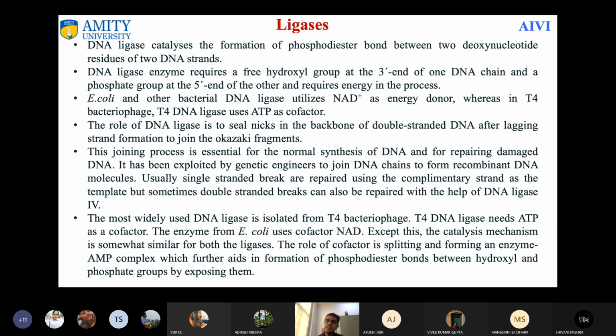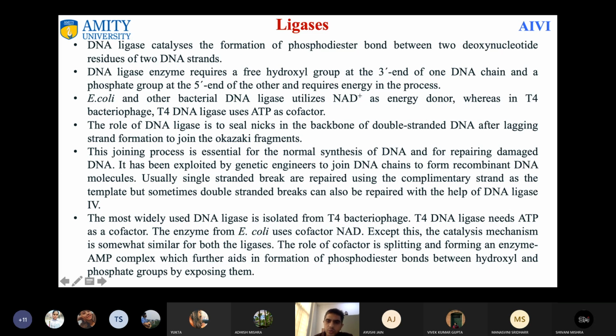So sticky cut fragments have overhangs, and these overhangs can come close to each other and pair on the basis of complementarity. When the complementarity is there, pairing is going to be there, so they are very close to each other. So when they are close to each other, then these ligases can join them. These ligases can make the phosphodiester bond between them. But if they are blunt ends, then they are going to stay far apart. So then the formation of the phosphodiester bond is going to be a bit difficult.